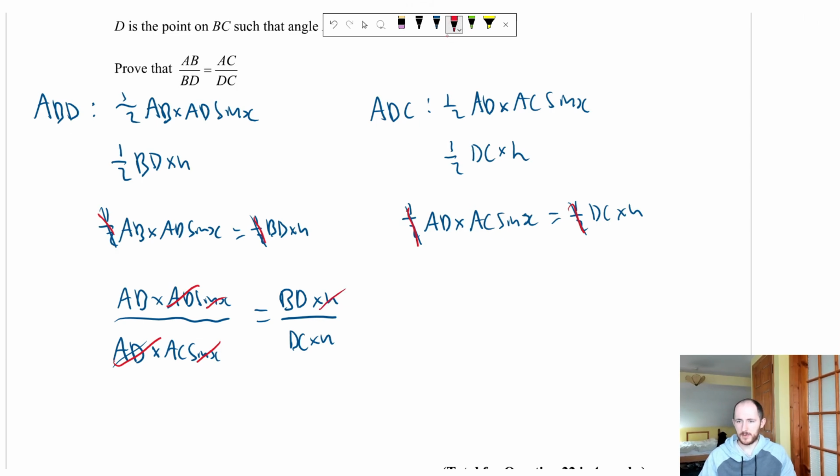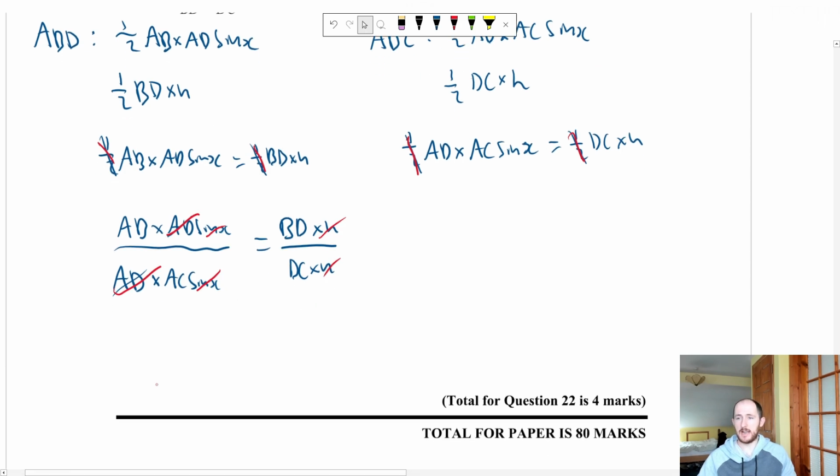So that also cancels. Anything else we can cancel? Do we want to cancel anything? So we have AB here, we have BD here, we have DC here, and we have AC. Okay, so we actually have everything we need, which is good. So AB over AC equals BD over DC.